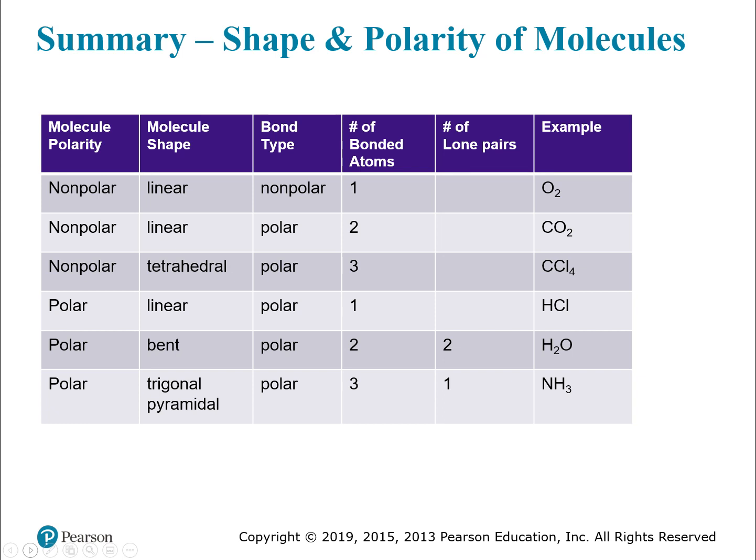Because with a lot of the questions, you'll need to answer questions about the molecule polarity and shape, number of lone pairs, bonded atoms, all that kind of stuff, bond types. So it puts all of that together in one table. Let's walk through a couple of these just so that you know how to use the table.